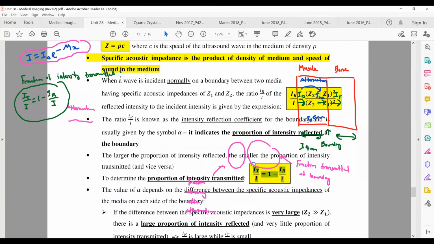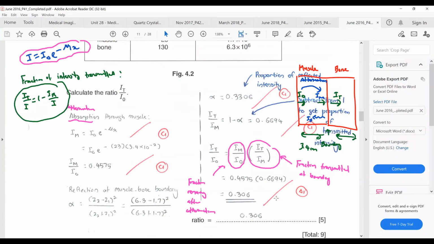I explained how you got this. If you want to talk about the fraction of intensity transmitted at the boundary, you need to take 1 minus the fraction of intensity reflected.